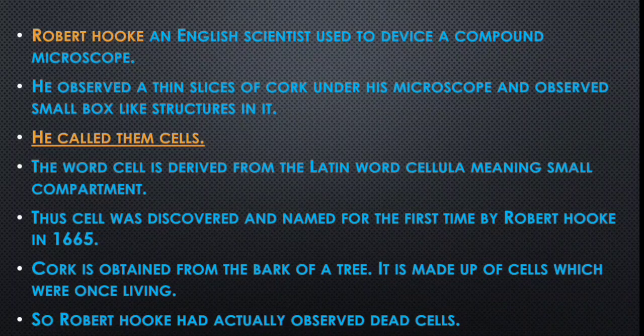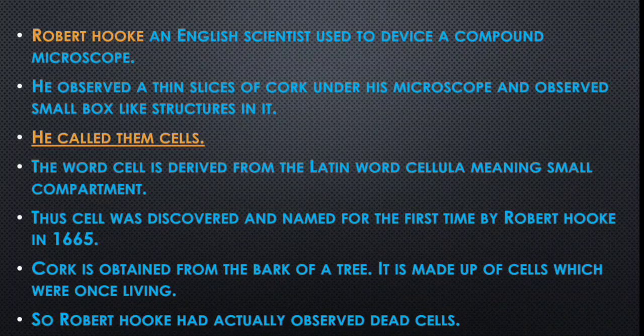He scraped out some sample of cork from the bark of the tree, and then he observed that cork sample under his compound microscope. Then he saw that there are some small box-like structures in it, and he called them cells.